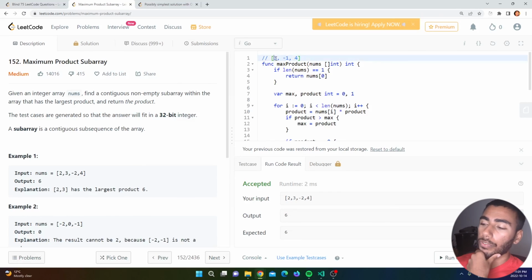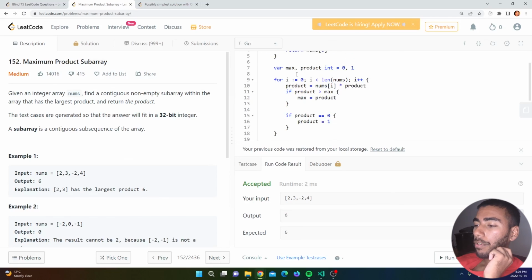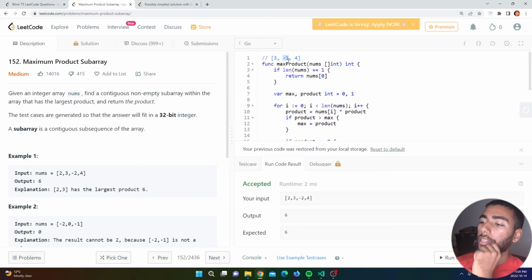First it would do 3 and realize 3 is the highest. And then it would do 3 times -1, which is -3. So -3 times 4 is -12. And 3 in this case is still higher than -12.